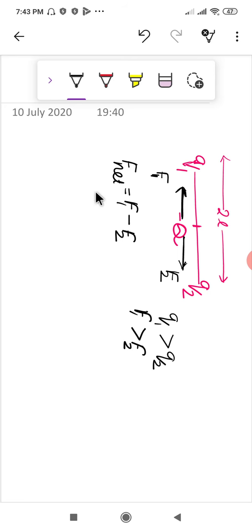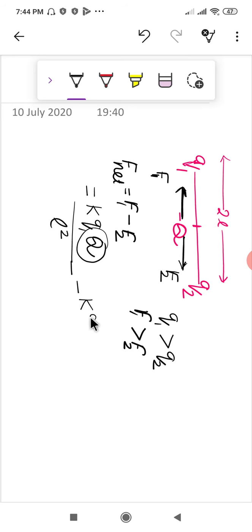So now when we substitute the value of F1, we will write K q1 q only, not minus q, because the negative nature of the sign is already considered when we place the force towards q1. So no sign here: K q1 q upon L square minus K q2 q upon L square.